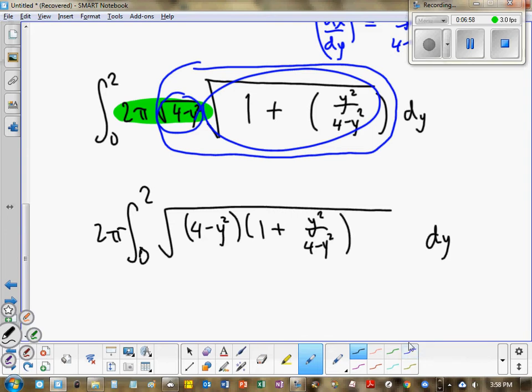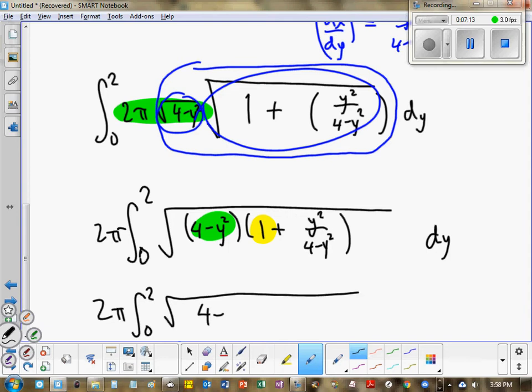All right, distributing the 4 minus y squared to the yellow term. So green times yellow gives me 4 minus y squared. And then distributing the green to this yellow gives me just y squared.